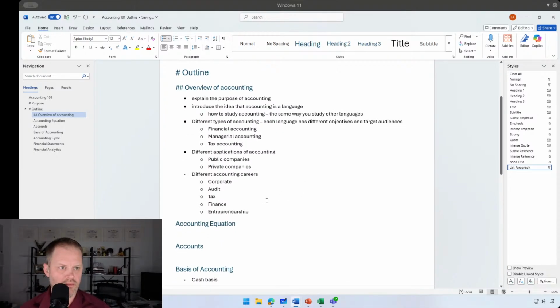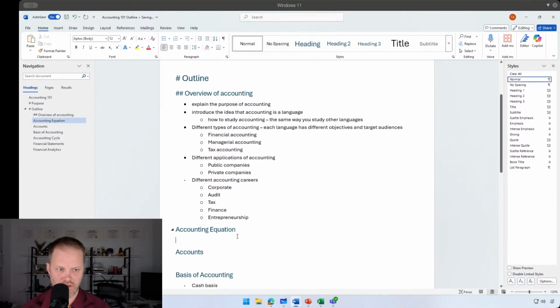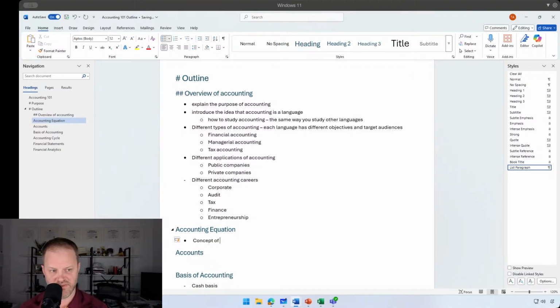All right, so that'll be it for that. Okay, the accounting equation. Concept of balance sheet.